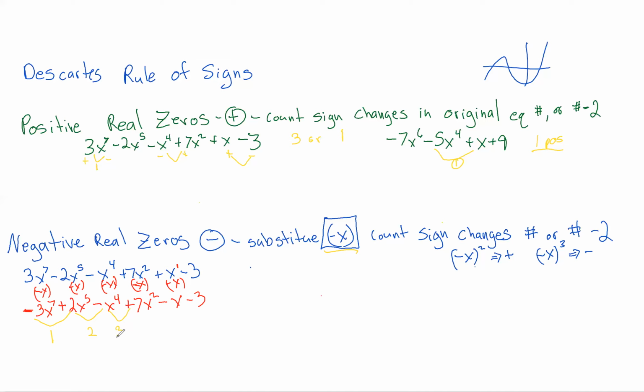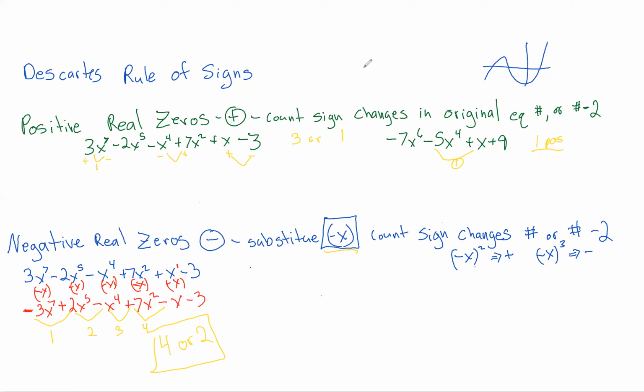This one's going to have a lot of negative real zeros. Negative, negative, those signs didn't change. So we have 4 possible negative real zeros, or because we subtract that 2 again, 2. And that can help us narrow down when we're trying to use synthetic division to find all the zeros.